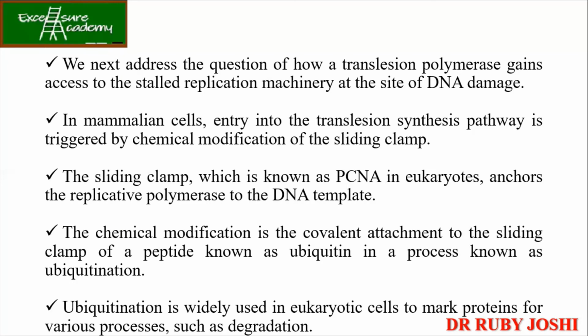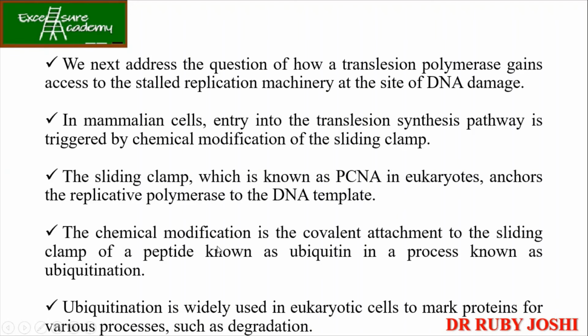In the eukaryotes, you have your beta clamp, right? Beta clamp, which is associated with DNA polymerase 3. Now, in eukaryotes, it is known as PCNA. If you remember PCNA, the work of the beta clamp is done by PCNA in eukaryotes, okay? So how can this be achieved? The sliding clamp, which is known as PCNA in eukaryotes, anchors the replicative polymerase to the DNA template.